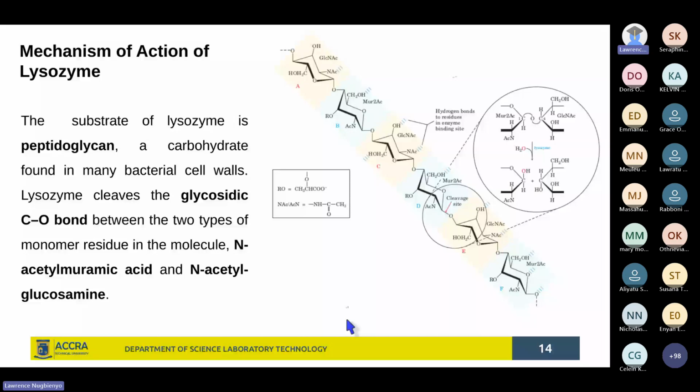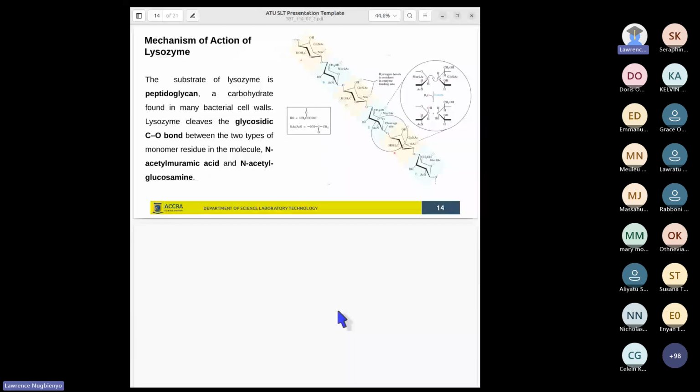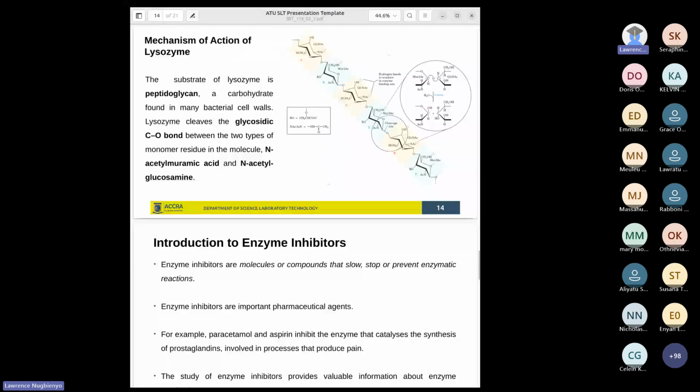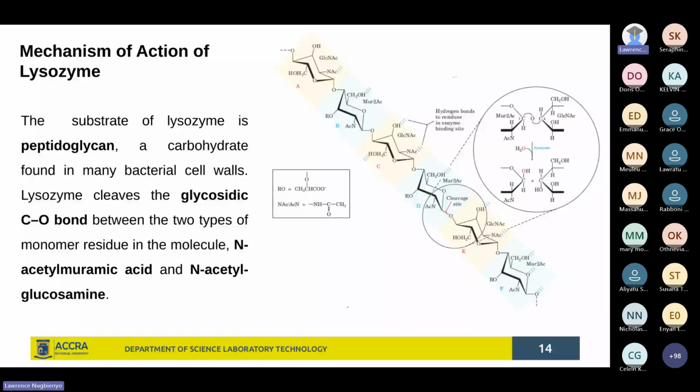Somebody says you can't see my screen. But I'm still sharing, so I hope you can see now. Awinam says she can't see. Elon also says she can't see. But I'm still sharing the screen. I'm sharing now, so can you see it? Maybe it takes a little time to come.